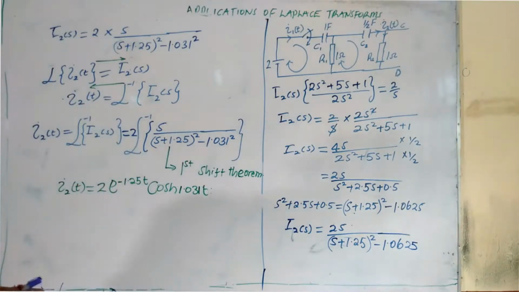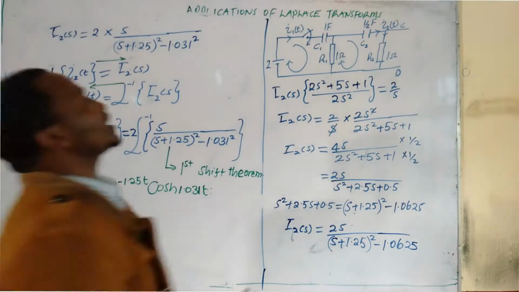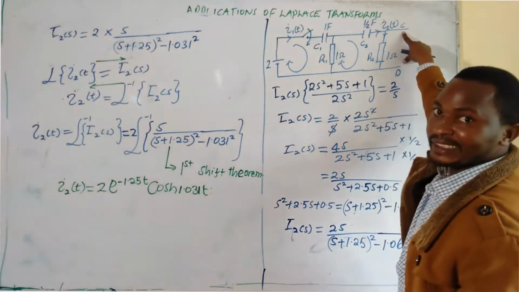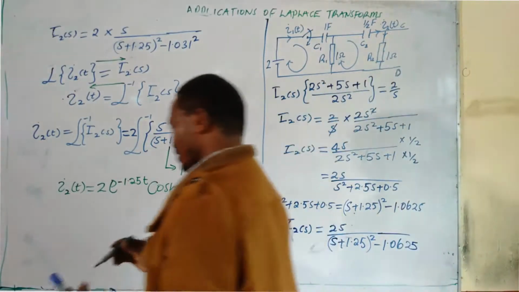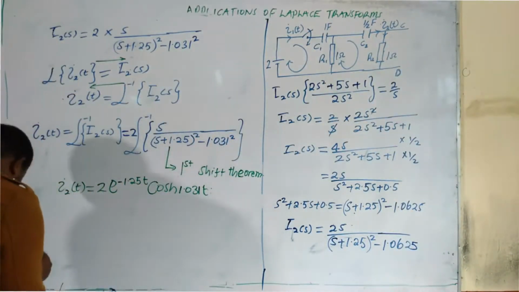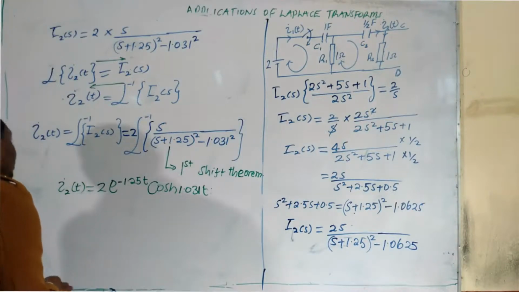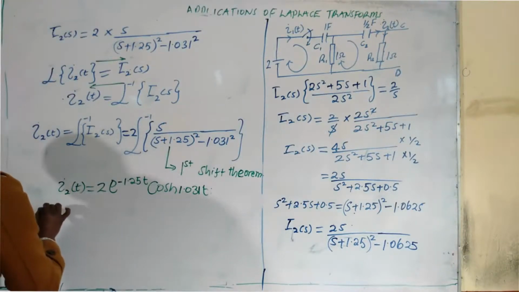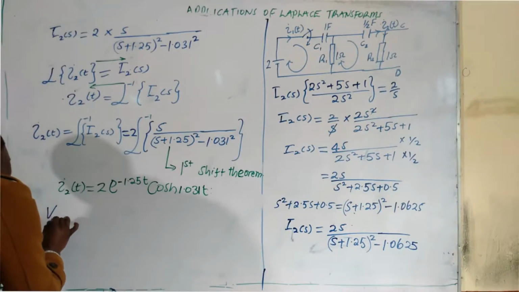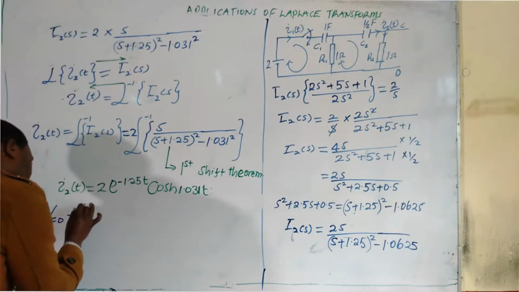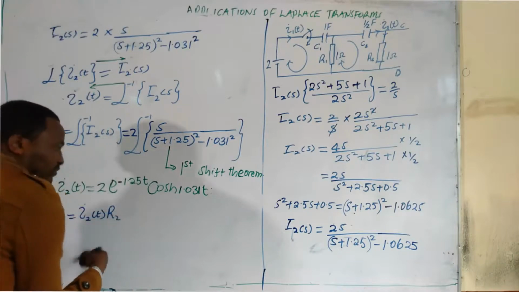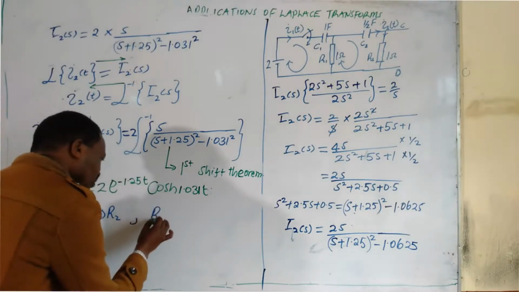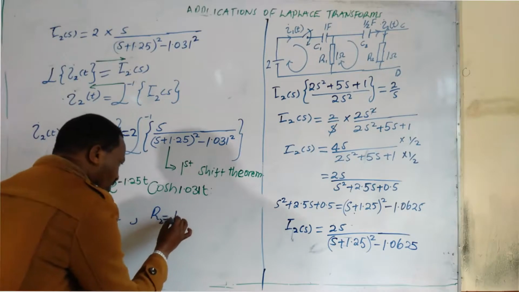But we are required to get the voltage across terminal CD. That is the voltage across this resistor. What is voltage VCD? VCD will be equal to I2 of t times R2, but R2 is equal to 1 ohm.